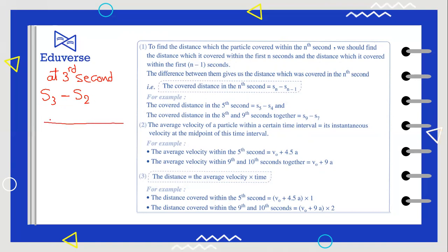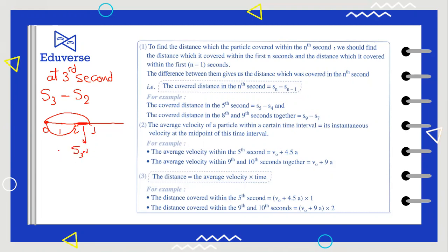First 3 here, that's 0, 1, 2, 3. The distance of all these moments minus this. So this is the distance at the third second.